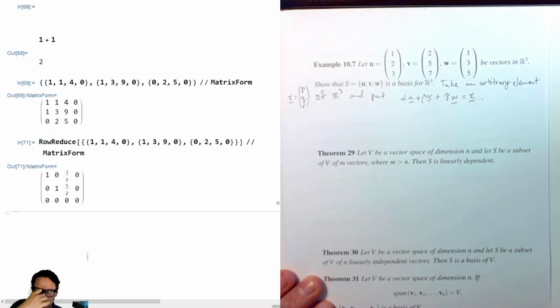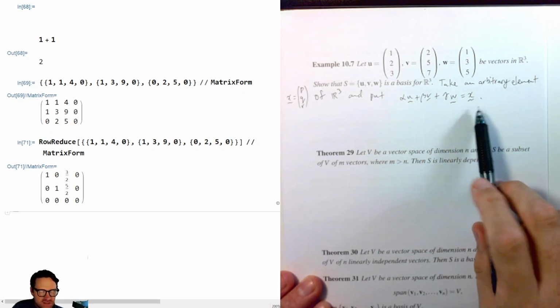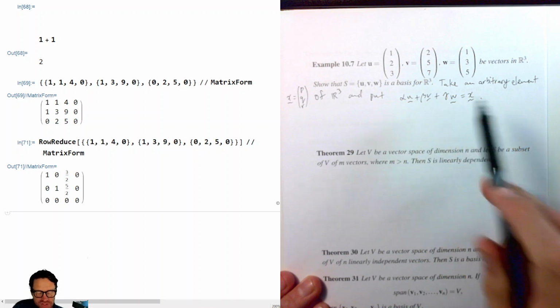So the question is, can we always solve for alpha, beta, gamma satisfying this, and is the solution unique?